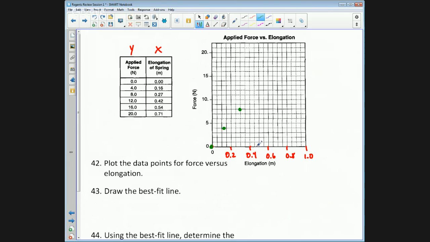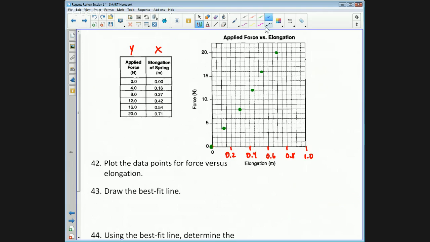We have 0.42 and 12, which is like here. You have 0.54 and 16, which is here. You have 0.71 and 20, which is about here. Okay, so there are my points.